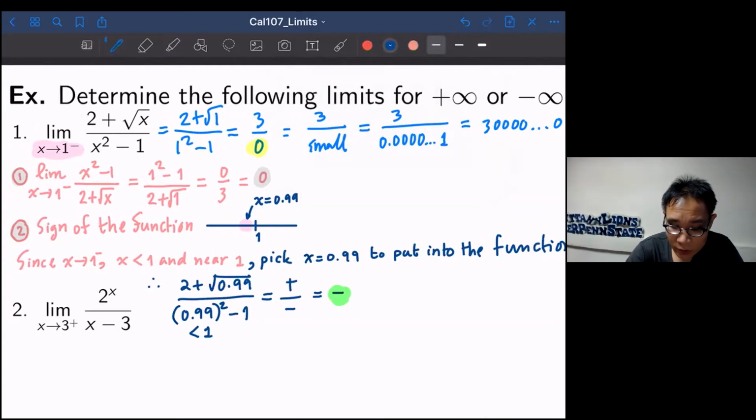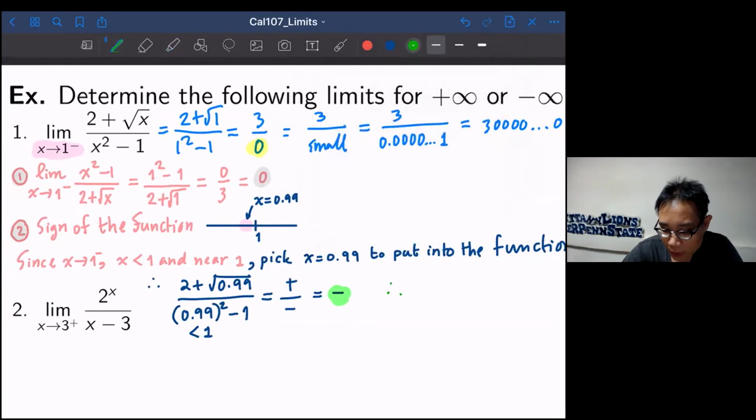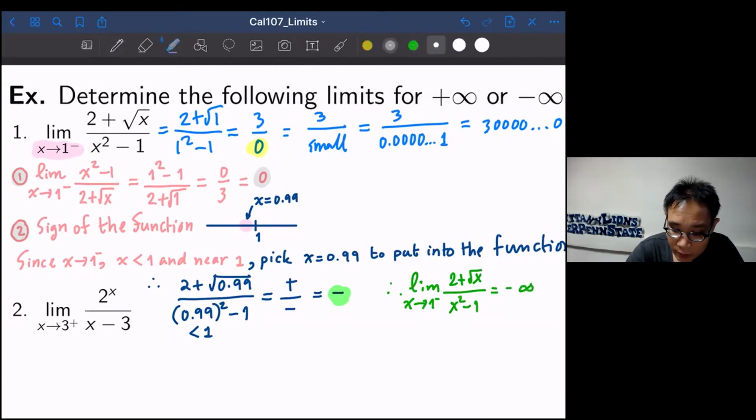So the conclusion that you can draw here is that the limit as x goes to 1 from the left of 2 plus root x over x squared minus 1 is negative infinity. You get infinity from the first step, because the limit of the reciprocal equal to 0 is going to be infinity or negative infinity depending on the sign of the function.